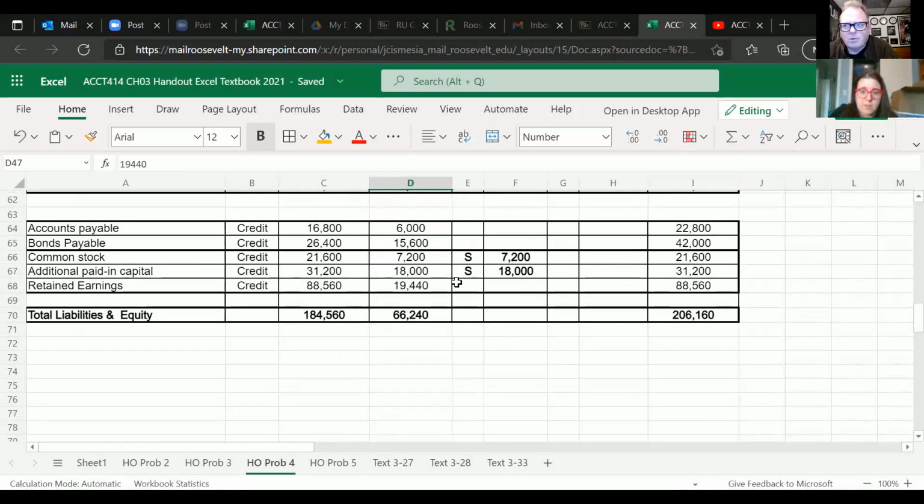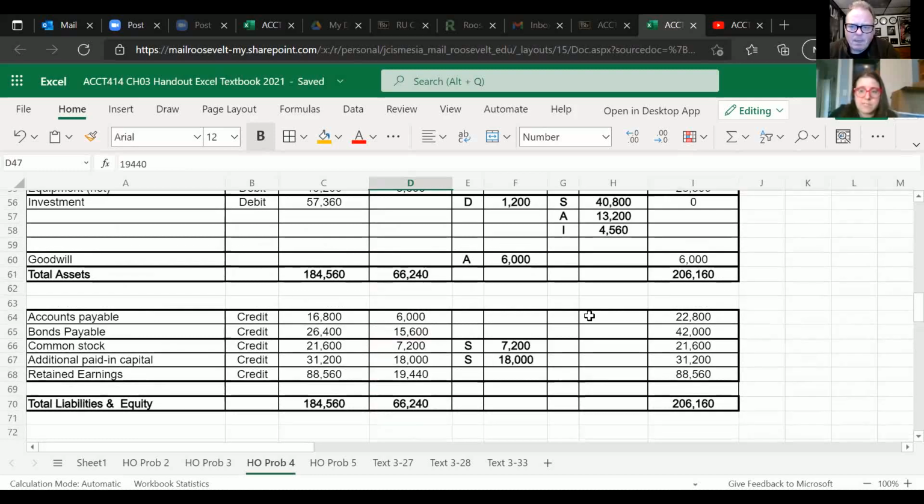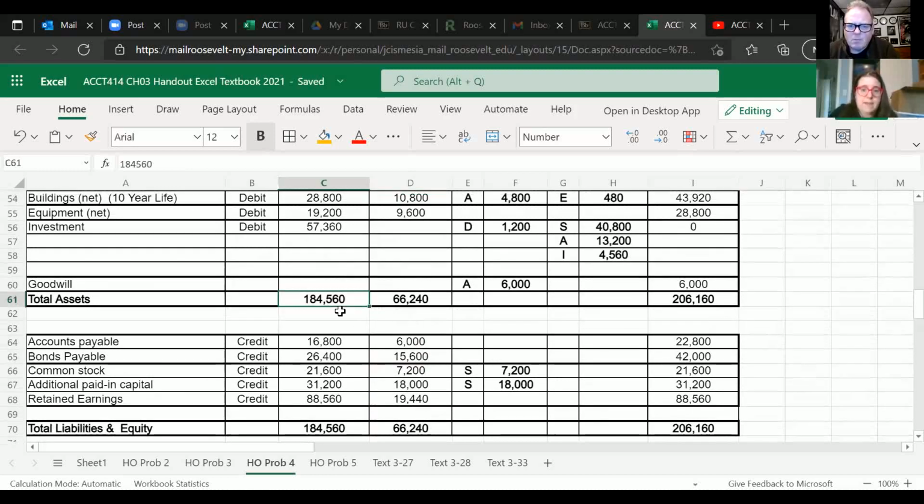Right. Even though it's not subtracted on this form. And then when you add all those together, those are 206,160. So they balance, and they also equal total assets in the Amy column plus the Bill column for accounts payable and bonds payable. Yep. Perfect.